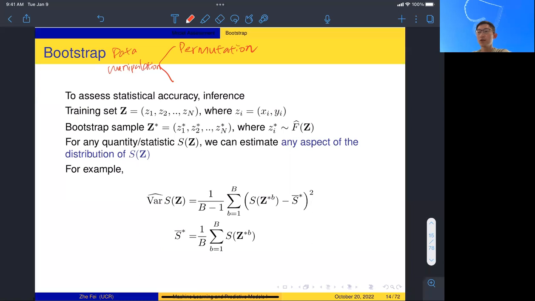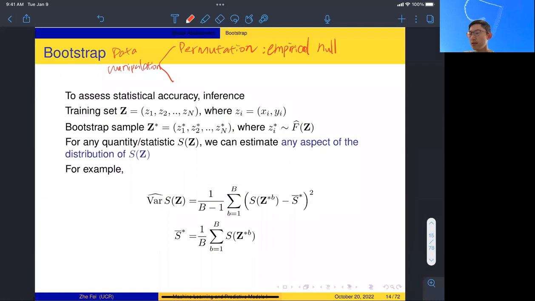One is permutation, meaning that if you permute your X variables, you destroy the association between X and Y. So you could develop a null association, and get knowledge of the null model in some sense. A related idea is the so-called empirical null, to generate null data from your existing data.